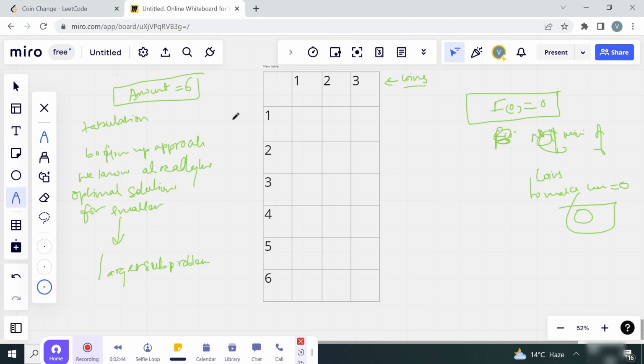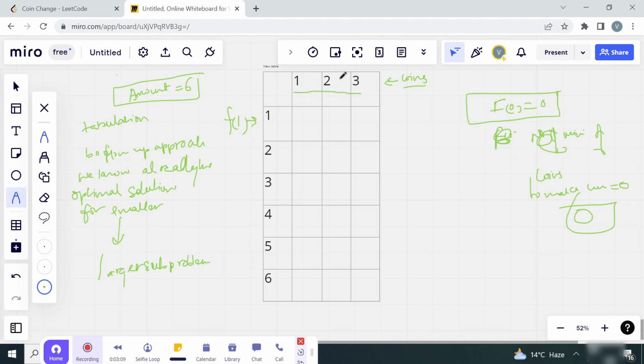So for f of 1, the minimum number of coins to make up the amount 1 is the sum of the minimum number of coins that can be done by subtracting all the denominations, right?